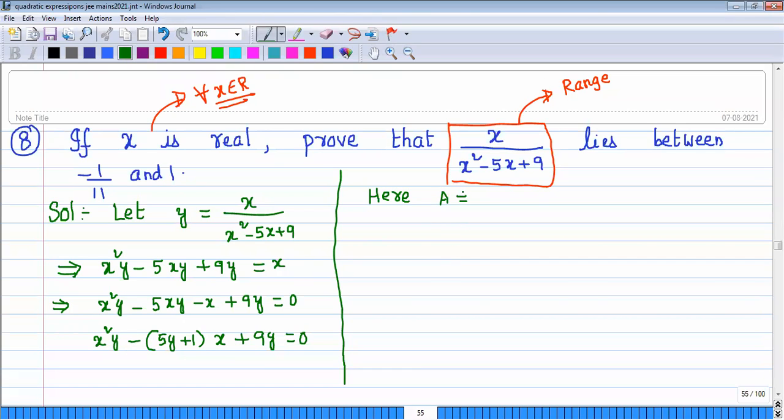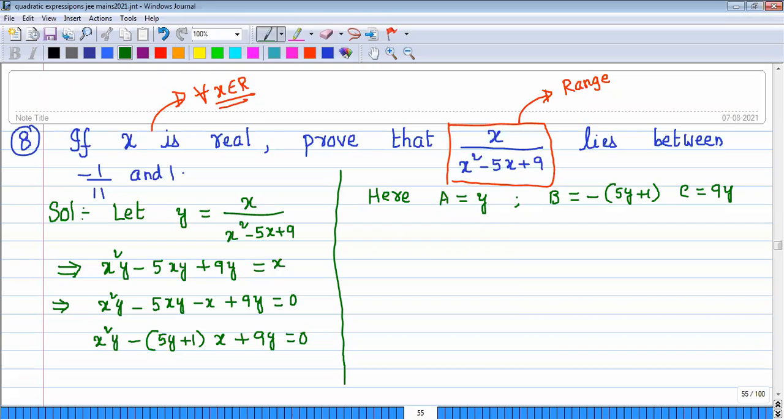So the x square coefficient is y, a is equal to y. Now the coefficient of x is equal to minus of (5y plus 1), and c equals 9y.